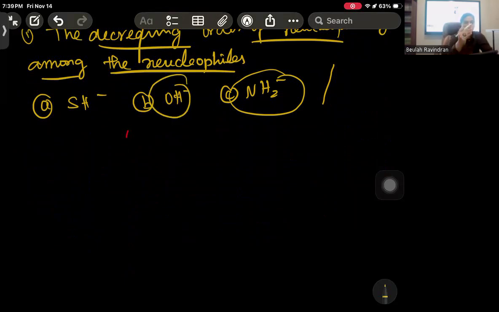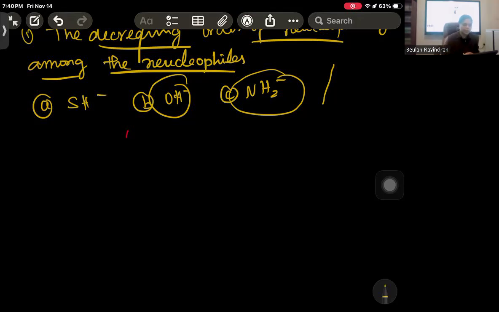As we go down the group, the size of the atom increases, so the effective nuclear attraction on the outermost orbit decreases. Because of this, the tendency of holding the valence shell electrons decreases, or the tendency of donating the valence electrons increases.